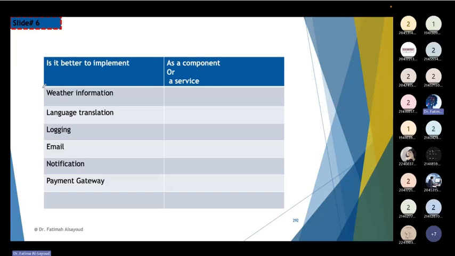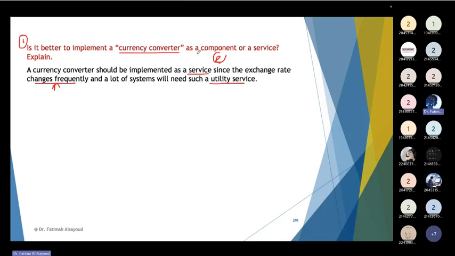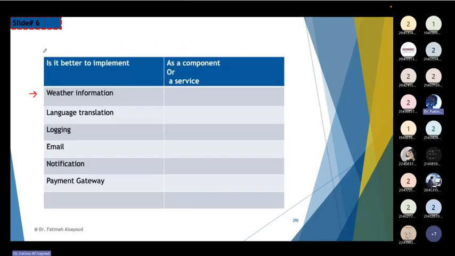Another way, we can give you an example and we need you to distinguish whether it's better to have it as a component or as a service, and you can think about it in more detail to give an explanation. When you go back to study, just say if it's a component or a service, and by yourself explain to yourself, if I get the same thing in the exam, how would I explain it, that this is why it's going to be a component.